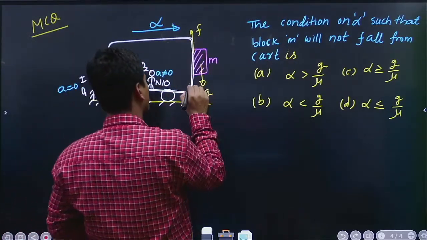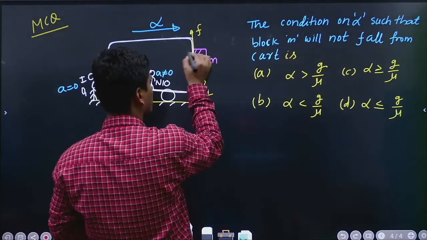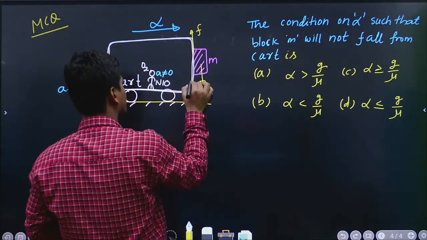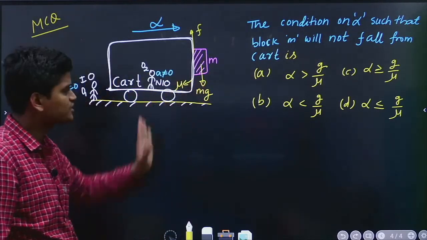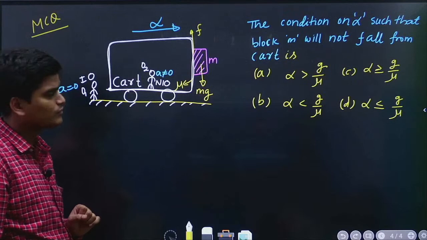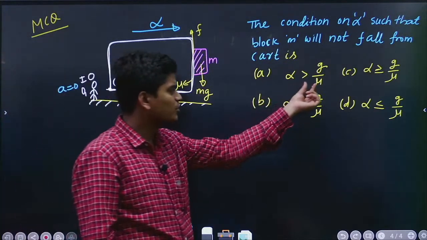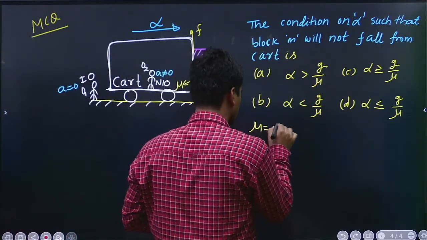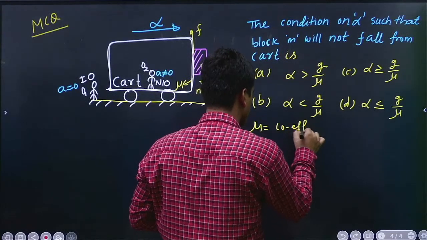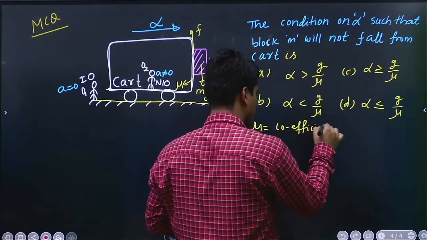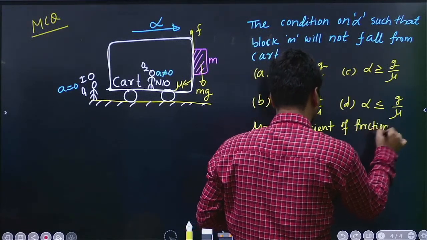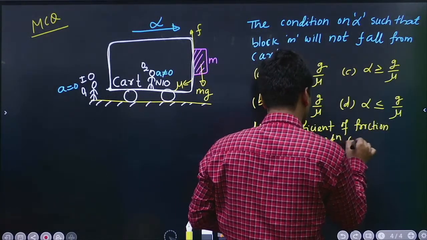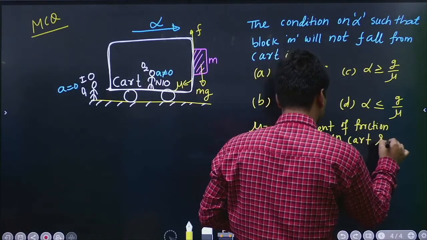Between this cart and this block, the coefficient of friction is given as mu. Remember, friction is there, and mu is the coefficient of friction between the cart and block.